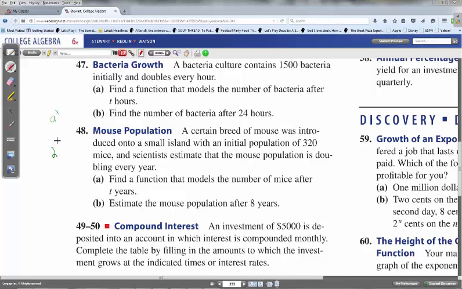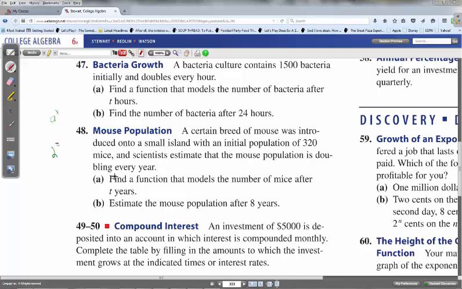Well, in this case it's going to be 2, and they want me to use the variable t, so I'll say t. I'll redraw it, and change the color of this marker. Let's go back to blue. I like blue. 2 to the t.